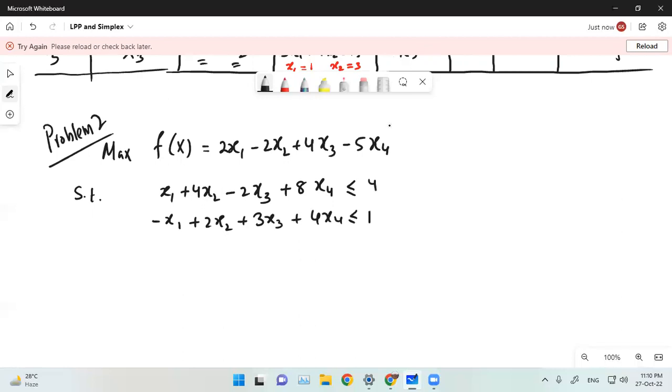And also, in general, xi is greater than or equal to 0, where i ranges from 1, 2, 3, 4.